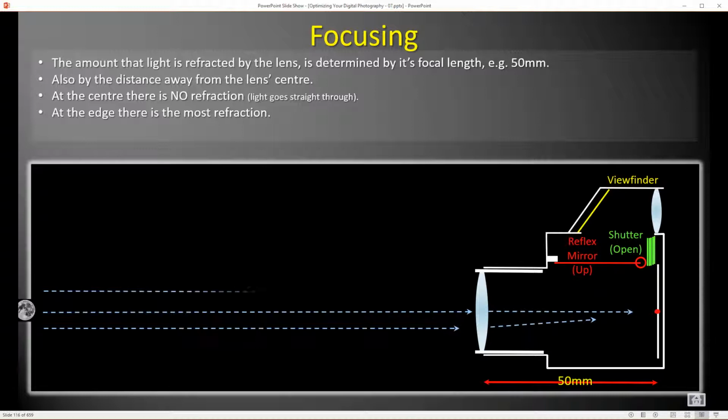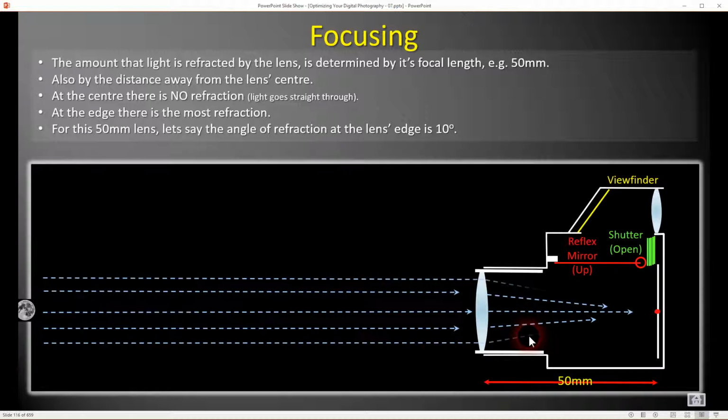Now going towards the edge of the lens, it's bent, refracted more and more. Now if we look at the very edge of the lens, for this particular case, we could maybe say it's been refracted by an angle of 10 degrees right at the corners, the edges of the lens. It's refracted less towards the center and 0 in the middle.